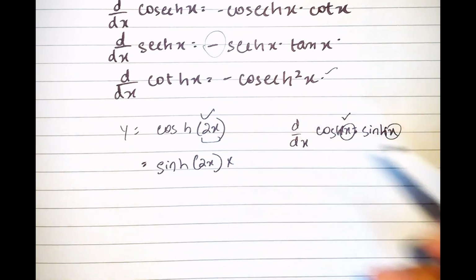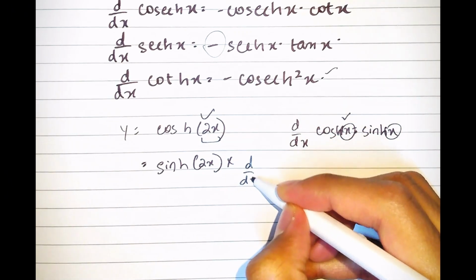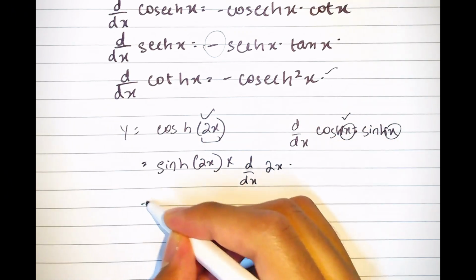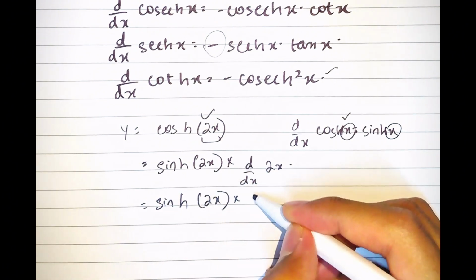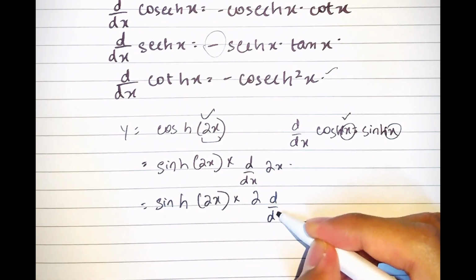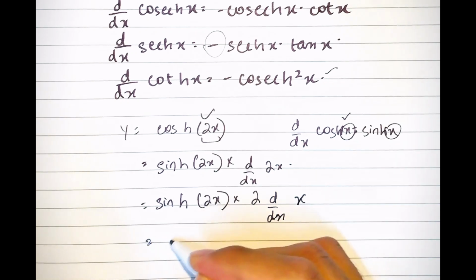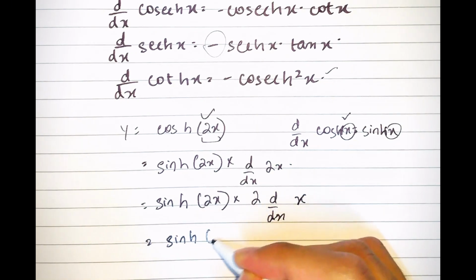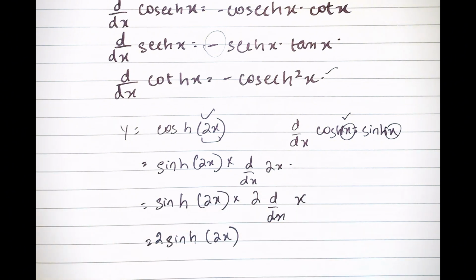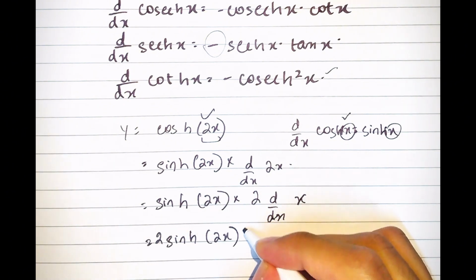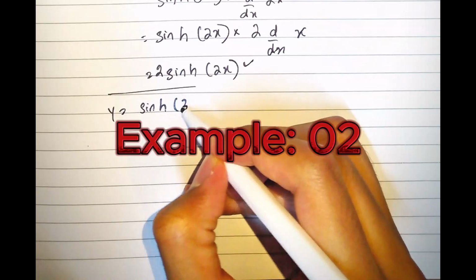Of course 2x is the function of cosh, so we have to take its derivative. So sinh 2x multiplied by d by dx of 2x. 2 is a constant, so it is separated, dx over dx cancels, and we are left with sinh 2x, and this 2 can be written over here. So the derivative of cosh 2x is 2 sinh 2x.